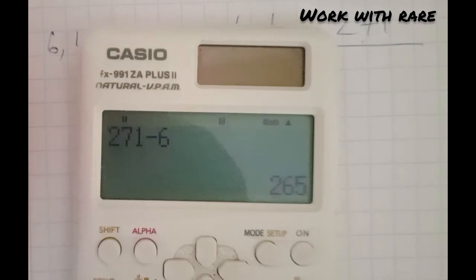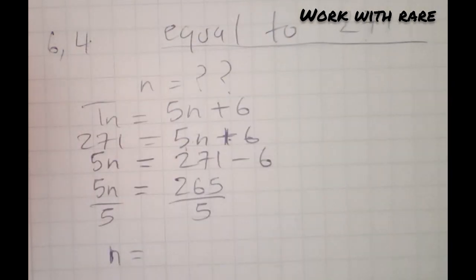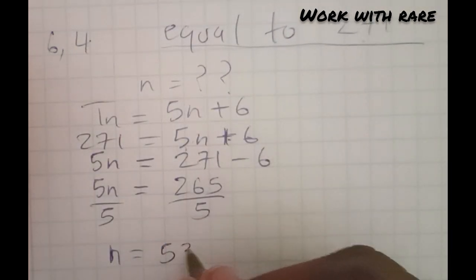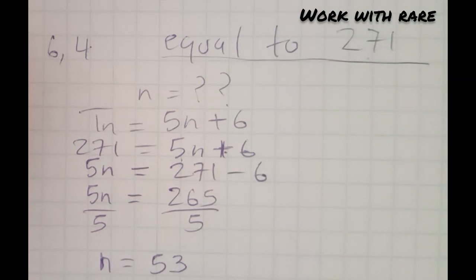So 265 divided by 5 is 53. So my answer is 53. This tells us that term number 53 is equal to 271. That question was 3 marks. So you should collect marks from these questions.